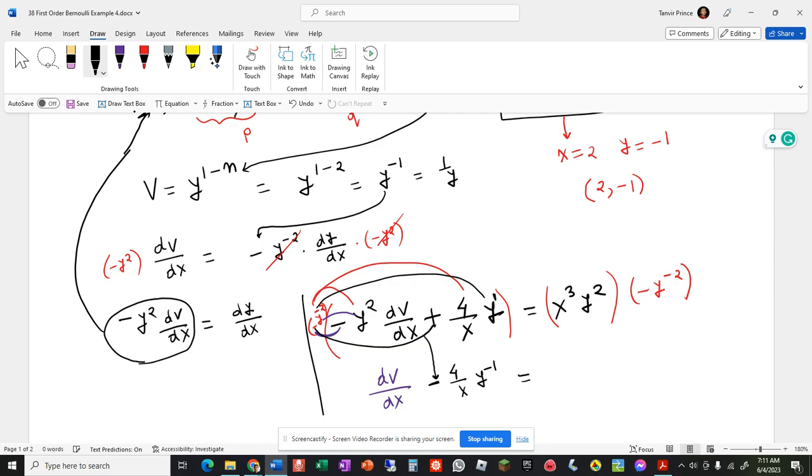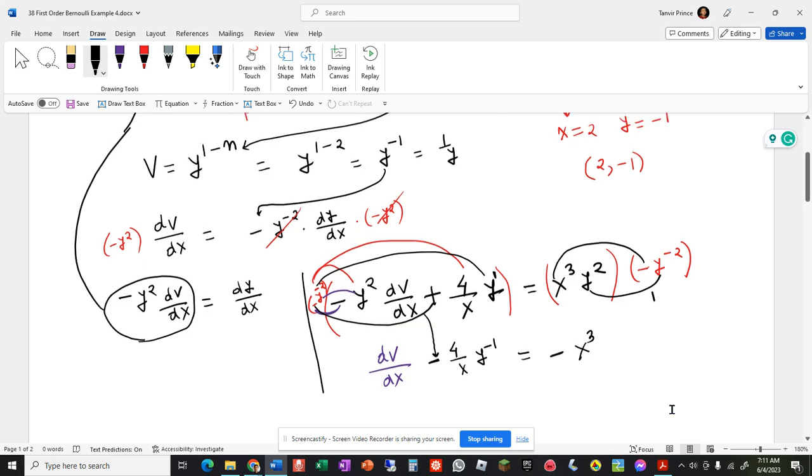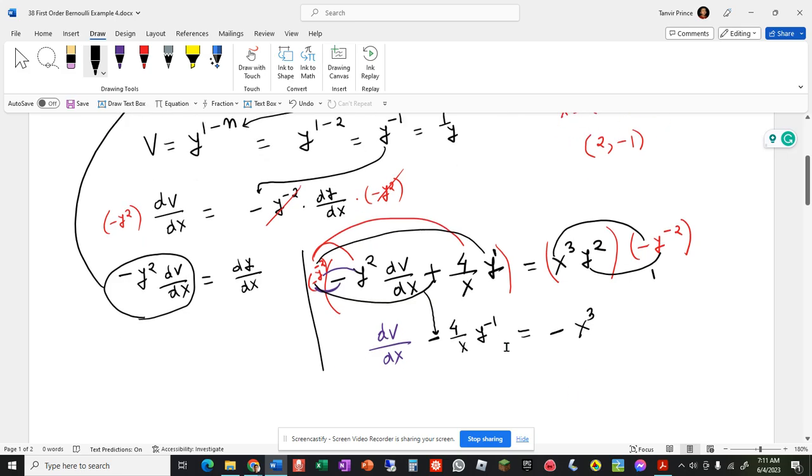Equal to, here I have a negative, x cubed, because y squared and y to the power negative 2 is 1. And this still has y to the power negative 1.